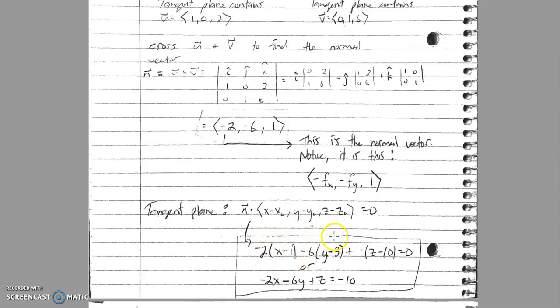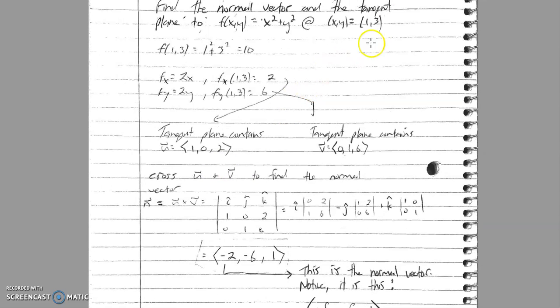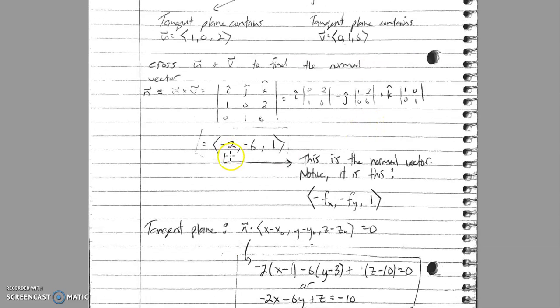So I get -2, -6, 1 dotted with x minus x naught, where x naught is 1, y naught is 3, and z naught is 10. So I get -2 times x minus 1, -6 times y minus 3, plus 1 times z minus 10, equals 0.